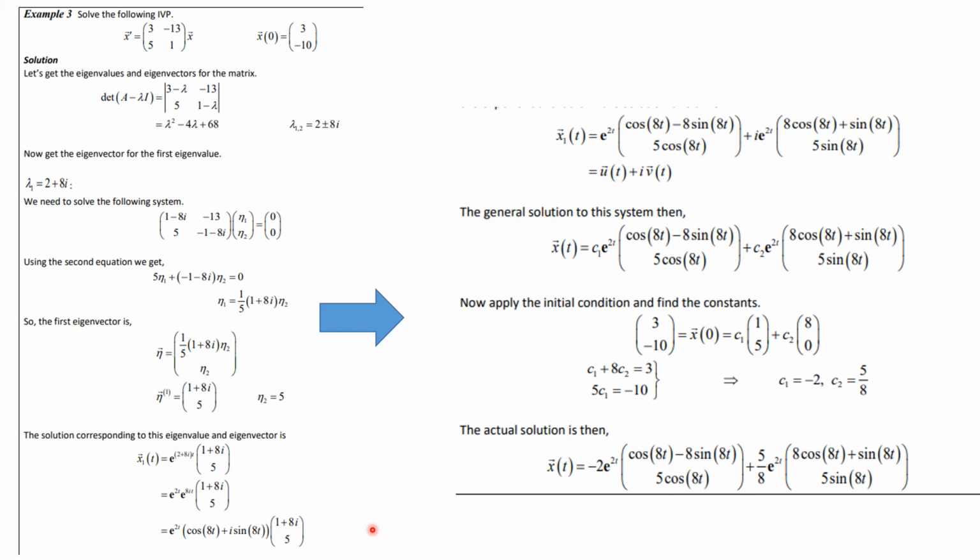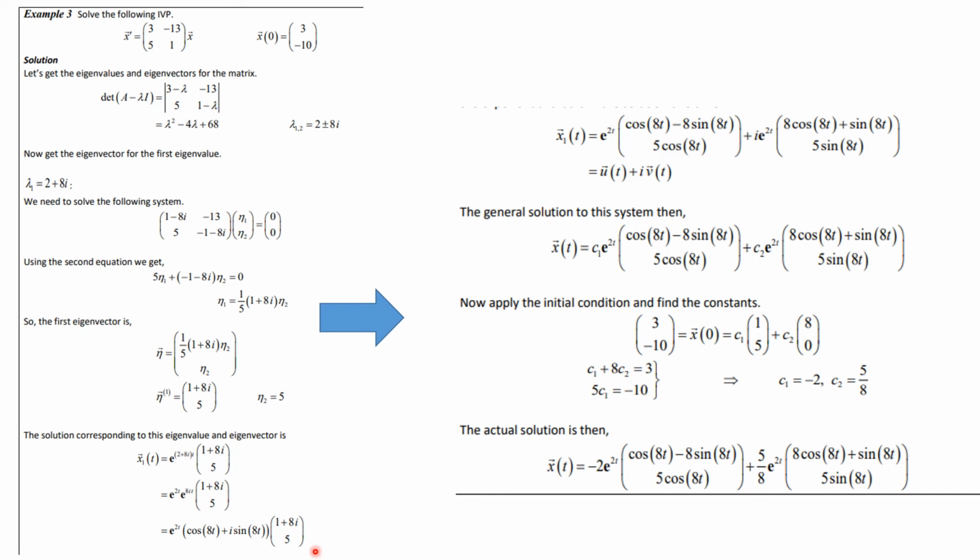So what I'm going to do then is write that the solution that corresponds to this is going to be e to the lambda t times this vector, and I'm going to factor out the e to the 2t. Here I have by Euler's formula 8i times t, and so here is the exponential that's a real e to the 2t times Euler's formula for that part times this.